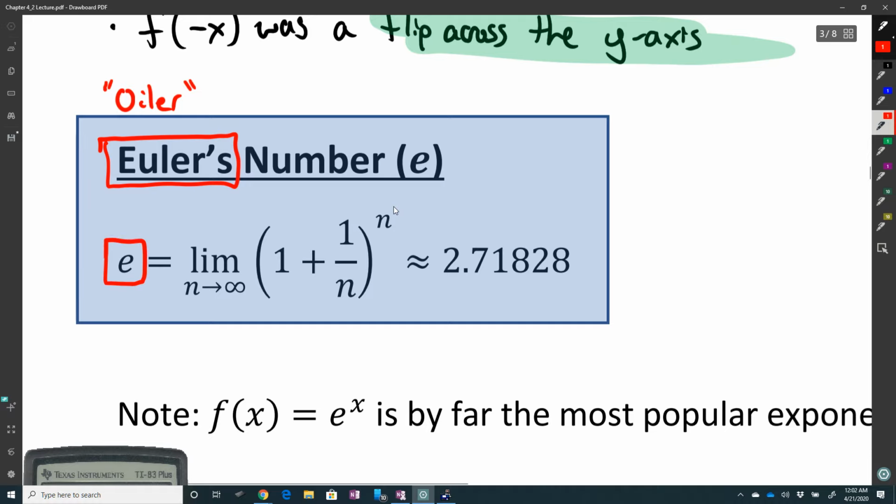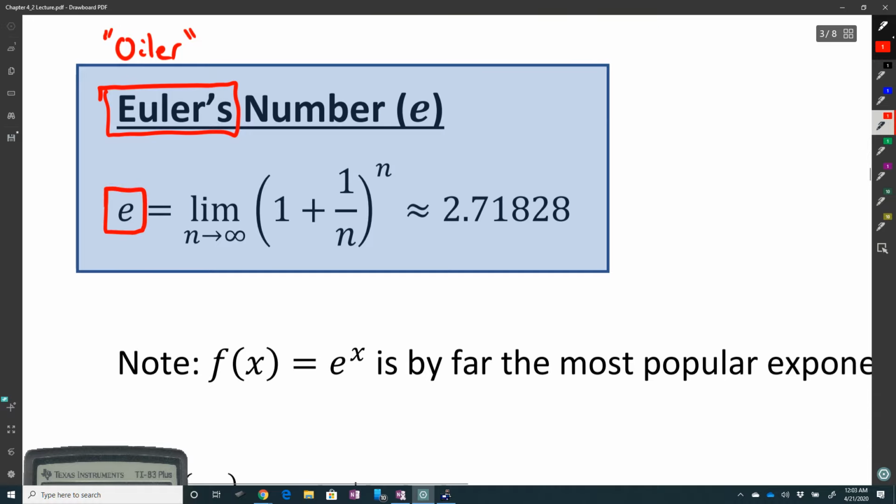It turns out e, which you'll use a lot in calculus, Cal 2, and pretty much any math class after this, has a very fancy name. It's the limit as n goes to infinity of this pattern.